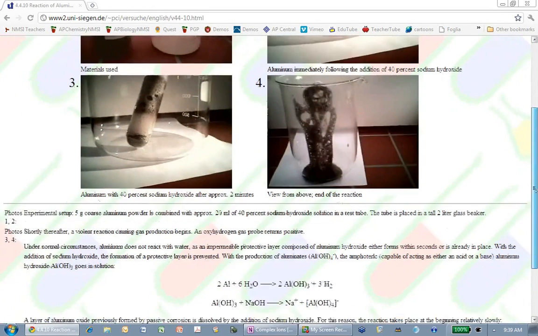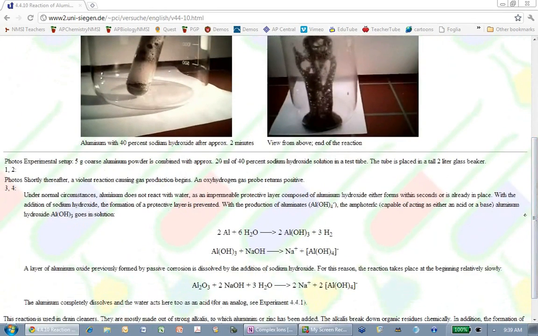So they did a nice job of going on to explain what's going on here too. So they talk about the fact that they put 5 grams of coarse aluminum powder, which most people would call granules, combined with approximately 20 milliliters of 40% sodium hydroxide in a test tube placed in a 2-liter tall glass beaker.